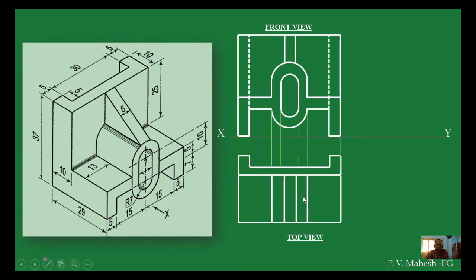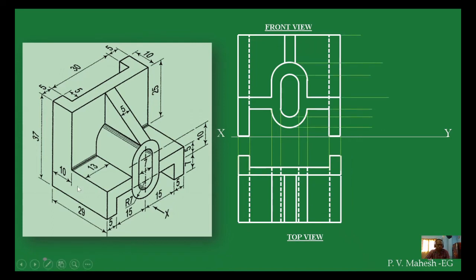Those two edges are also given here, through this point, through this point, through this point, and through this point. Now these two edges will not be visible, so I will make hidden lines here, and the edge through this corner also will not be visible, so two more hidden lines have come. So with this, our top view is done.